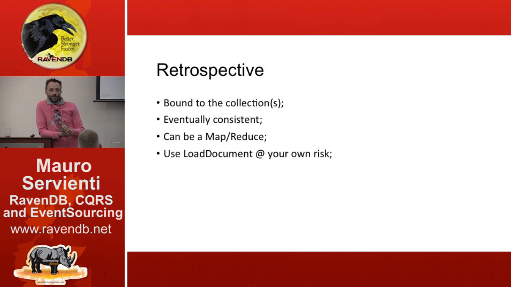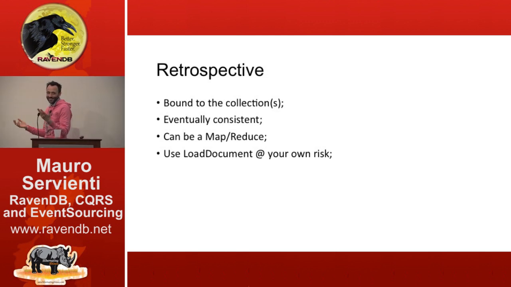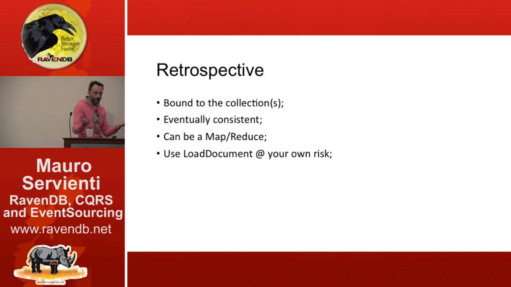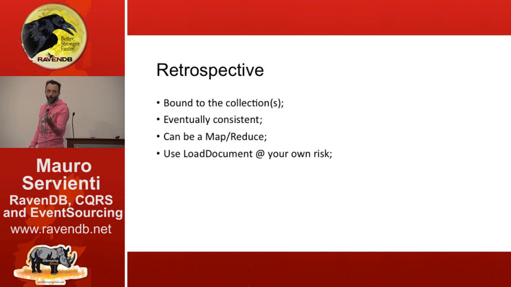Please do not overdo that. One load document in an index, fine; 19 load documents in the index, it's not the way to go. It's a pretty cool feature because it can solve an interesting problem, but it has to be used with care.